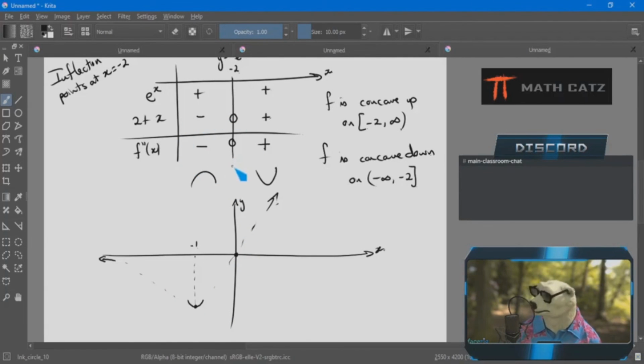The concavity now tells me exactly how this shape looks. Let's do the right side first. I need to clean this up a little bit, right? So I don't have the symmetry, so don't try and balance this perfectly. It's going to be a little tight on the right side, a little steep rather. That's okay. And on the left, see bending up?